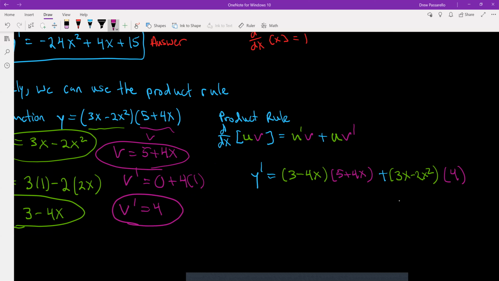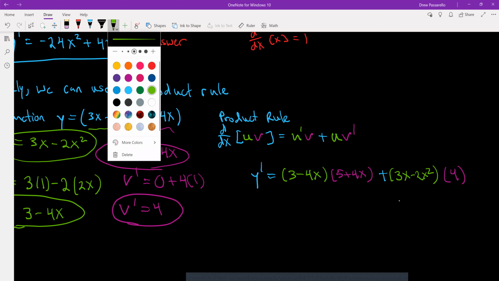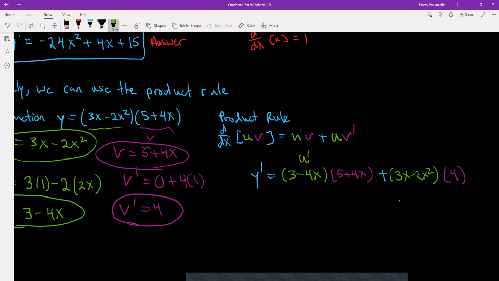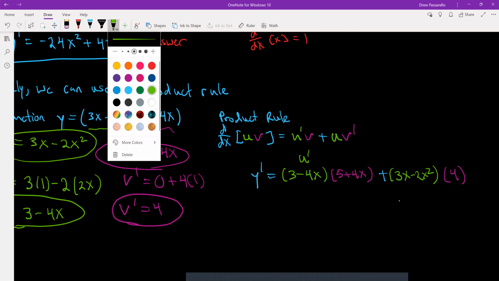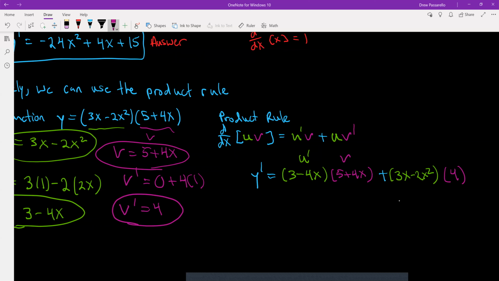Now I'm going to focus on simplifying this. So again, this is u prime, this is v, and then u times v prime.